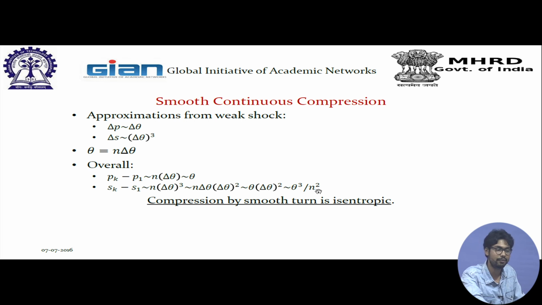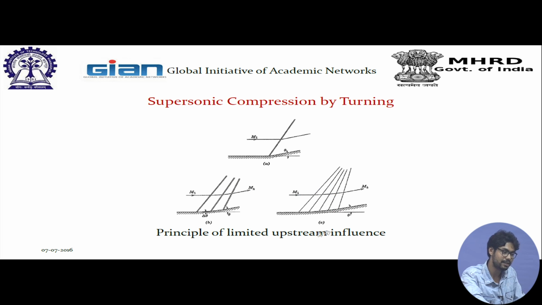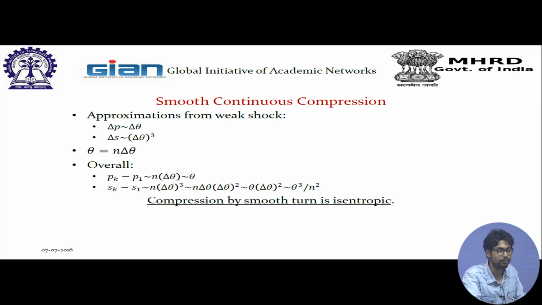So the more the number of steps, the lesser the change in entropy, and hence we get to the concept of the principle of limited upstream influence, which means that whatever is happening downstream does not affect the development of the flow in the upstream region, because of which we can build the wind tunnel in a step by step manner in the flow.